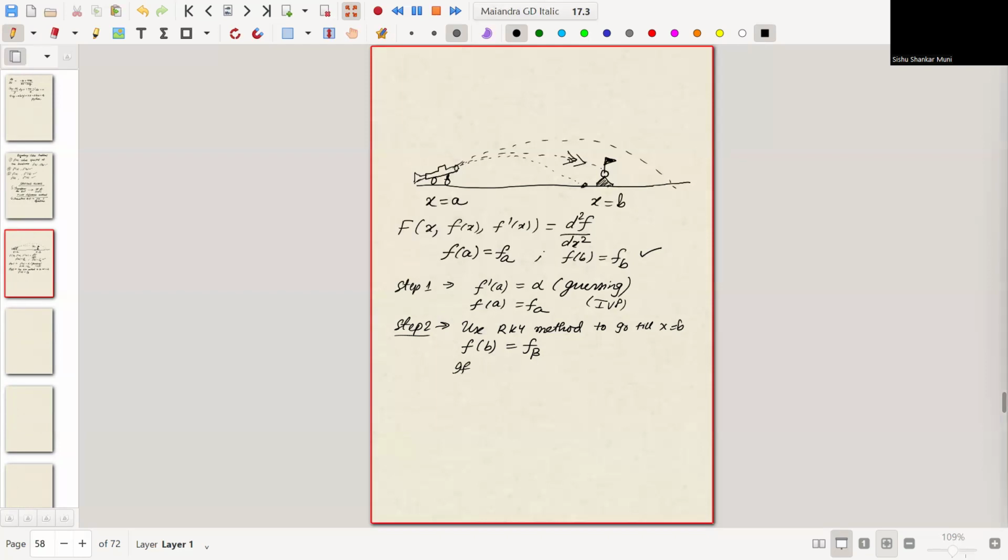If your guess is correct, then what will happen? f of b equals f of beta, right? If your starting guess alpha is correct, then f of b equals f of beta. Now, if it is incorrect, then f of b is not equal to f of beta.